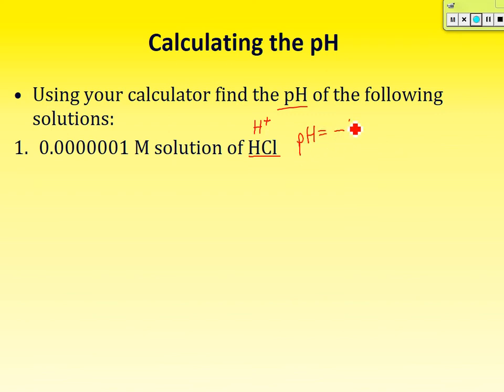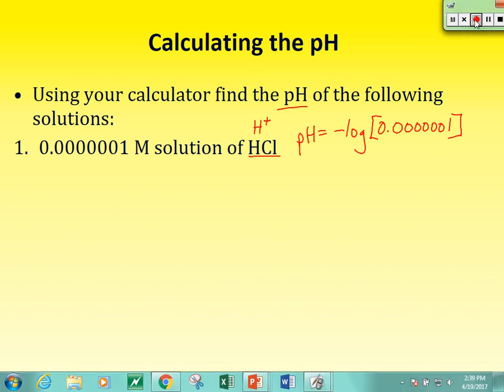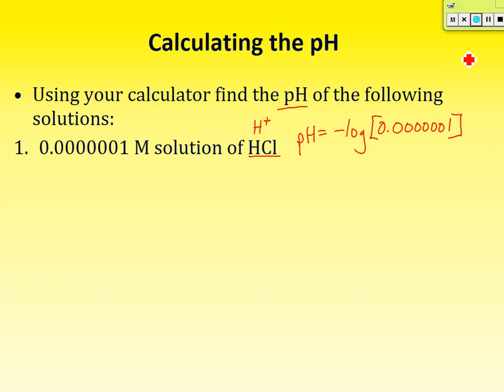pH is equal to the negative log of 0. How many zeros were there? 1, 2, 3, 4, 5, 6 zeros. Okay. Find your calculator. Let's turn it on and hit the negative button, which is at the bottom of our calculators.